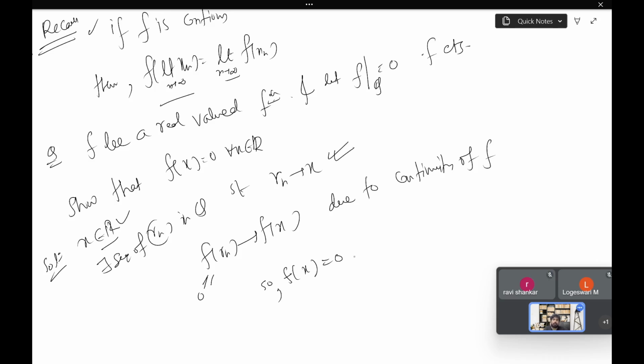Now since f is continuous, the sequence f(r_n) will converge to f(x). Correct? So f(x) is a zero map, because each f(r_n) is zero, as we are given that f restricted over Q is zero.